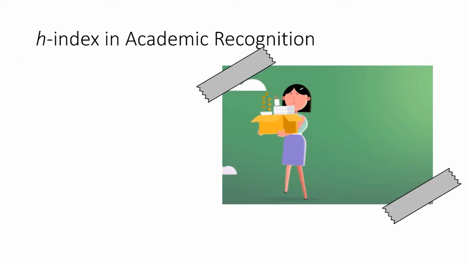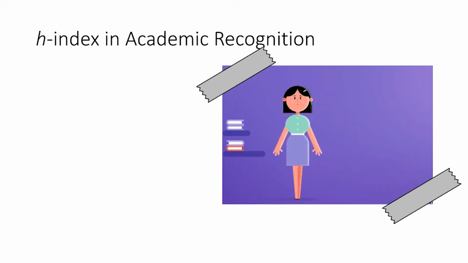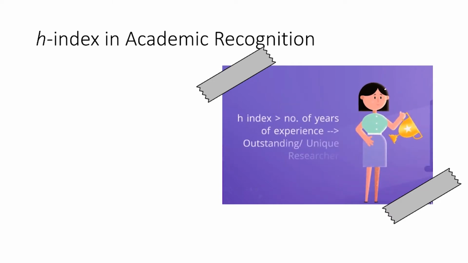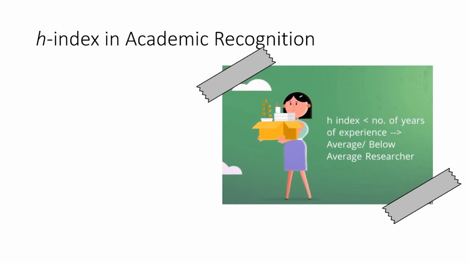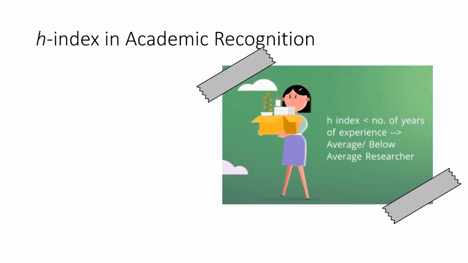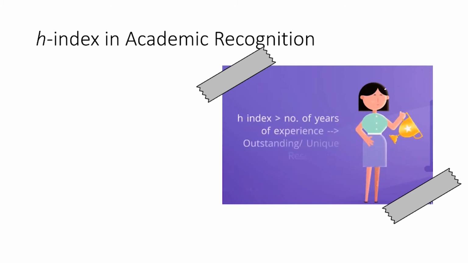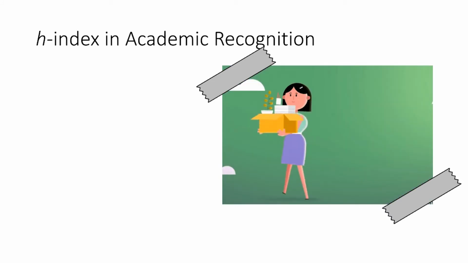Now let us discuss H index in academic recognition. In general, higher the H index, greater the researcher in terms of productivity and impact. This is a simple and effective means of comparing the potential of researchers. In general, in the biomedical sciences, if the H index is less than the number of years of experience of the researcher, the researcher is considered to be average or below average.